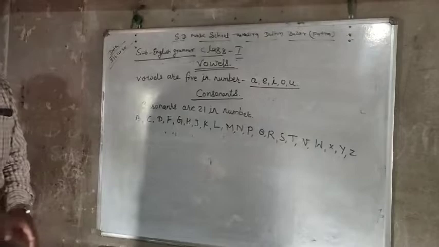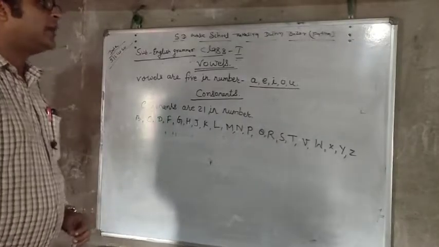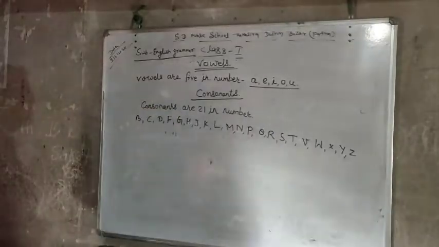So vowels are 5 in number and consonants are 21 in number.